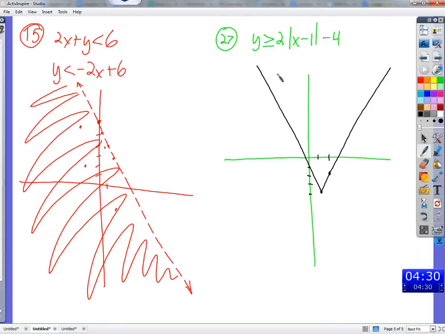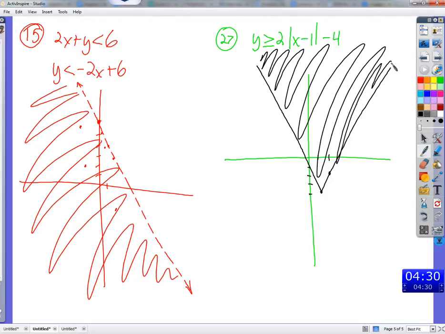Okay, well, it can be equal to, or y can be greater than the values of y on the graph, so where could we shade? Above the line? We can shade above the line, because all the values above the graph have y values that are bigger than the y values on the graph. So if we can get it down to y is greater than something or less than something, the shading part is a piece of cake.